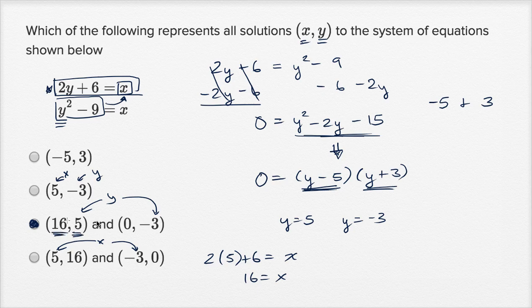When y is 5, x is 16. And when y is negative 3, 2 times negative 3 plus 6 is equal to x. On the left-hand side, this is going to be negative 6 plus 6. X is equal to 0. So when y is negative 3, x is equal to 0. So we took a little extra time to make sure that we feel good about this. But once again, under time pressure, I wouldn't have necessarily gone to this extra length.